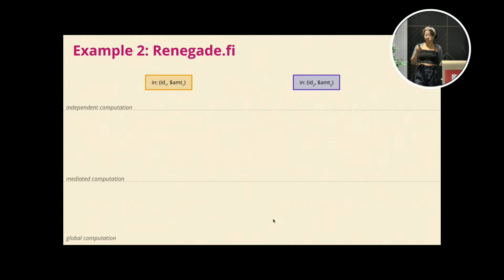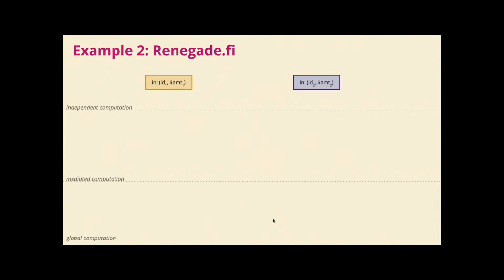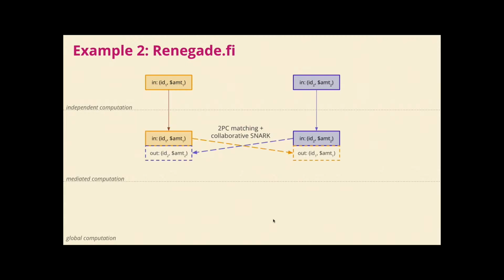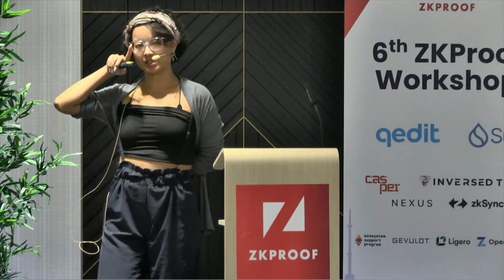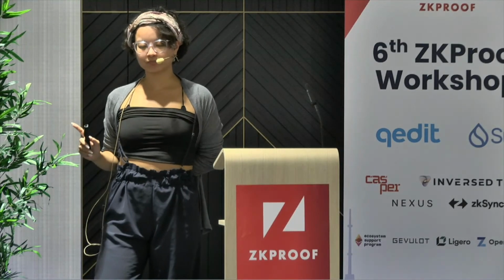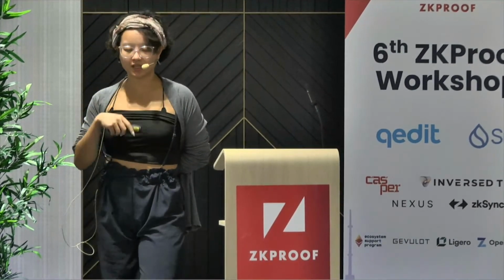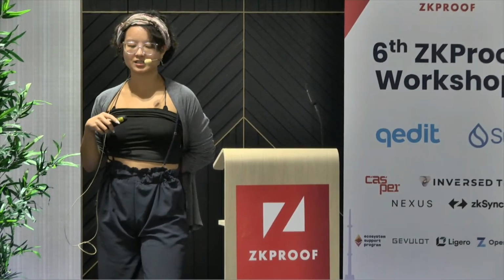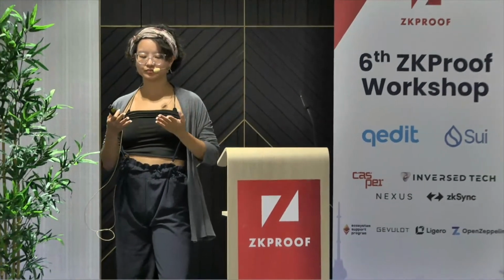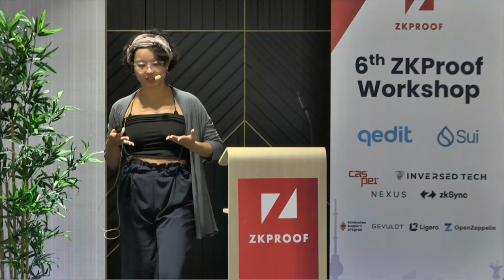Now, a different implementation of the order book DEX is Renegade Phi. It's pretty much the same shape, except that Renegade Phi's protocol defines a 2PC matching algorithm, whereby relayers collect transactions and try to match them with each other.